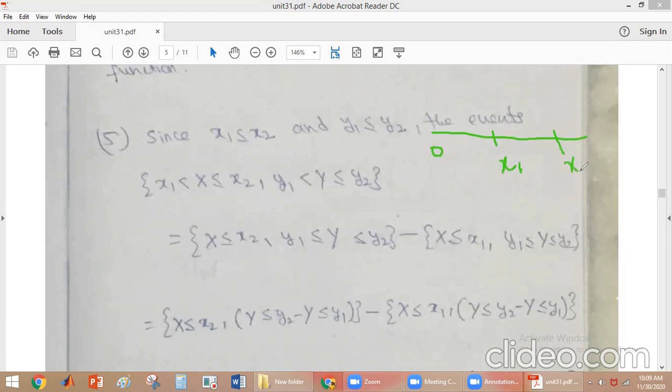This is our x range for the random variable x. And the y range is given like this: 0, y1, y2. Now x1 less than or equal to x2 means the x range we have taken in this direction, this part. This is our x range. And what is our y range? The y range is this part. So how do we write this?